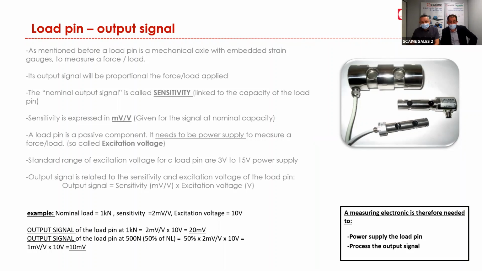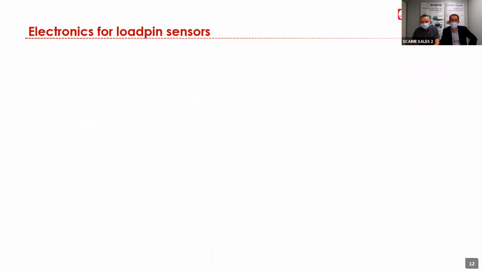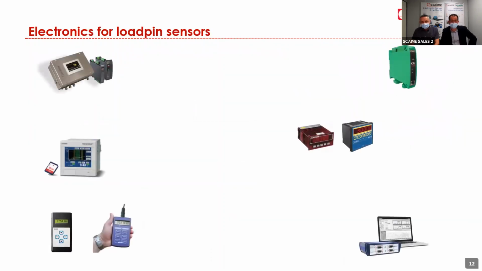So, as we said before, measuring electronics are needed at first to power your sensor, but also to process the output signal of the sensor. So we can now describe a SCAIME range of measuring electronics that can be used with load pins.